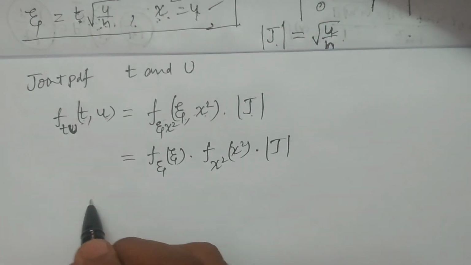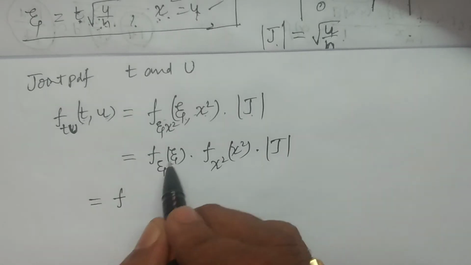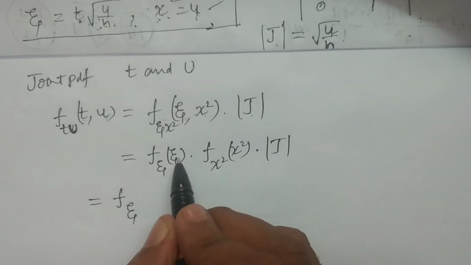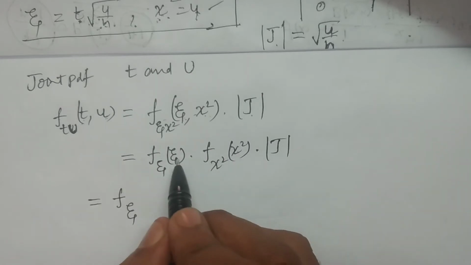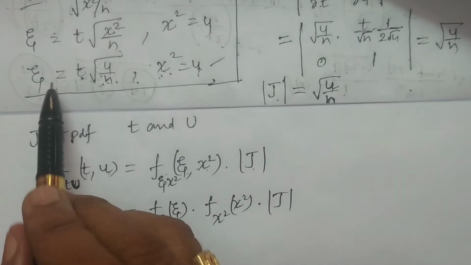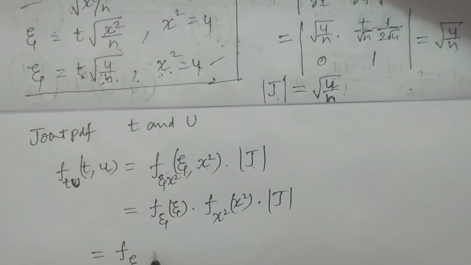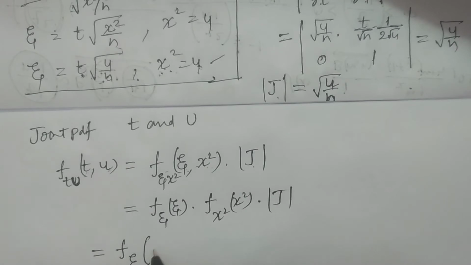Now what you have to write, this step is very crucial. For xi and chi square, you have to write the transformed variables, the transformations. Xi is equal to t into root u by n, chi square is equal to u. You write down the transformed variables, that is t into square root of u by n.